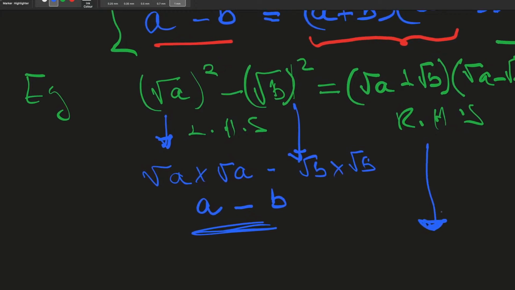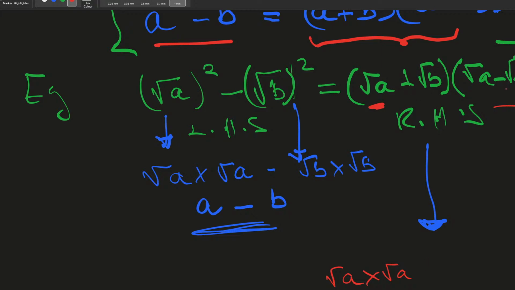So to expand the right hand, all you do is pick the first one, which is root a, and multiply it by this bracket. So root a times root a, then root a times root b.